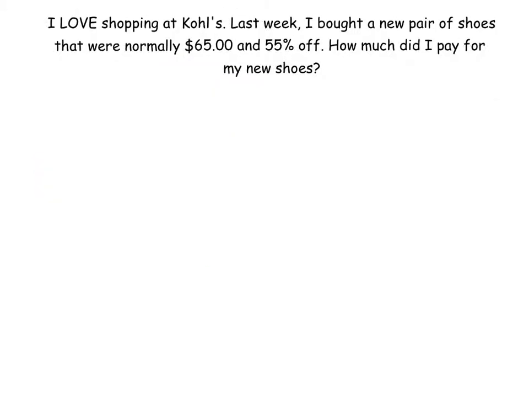Our second example is I love shopping at Kohl's. And last week I bought a new pair of shoes that were normally $65. They were 55% off. How much did I pay for my new shoes? Or what was the sale price of my new shoes? So, I'm going to start with finding my markdown, which is using the percent equation.